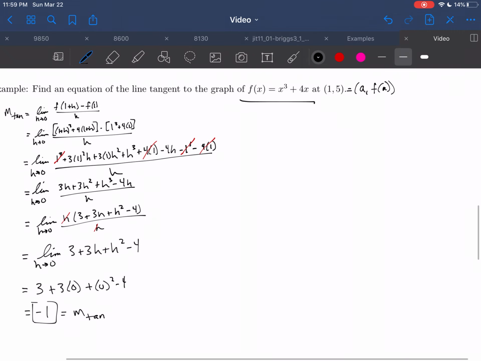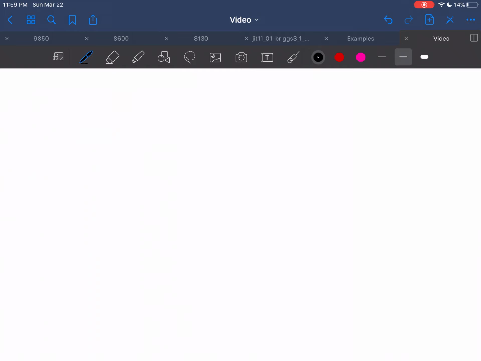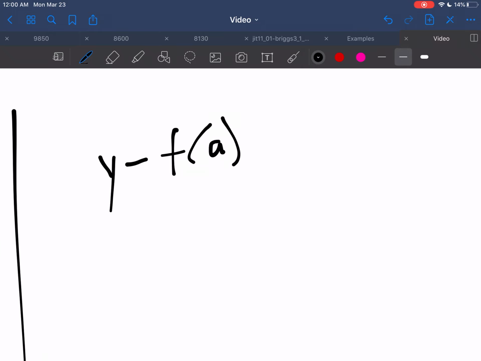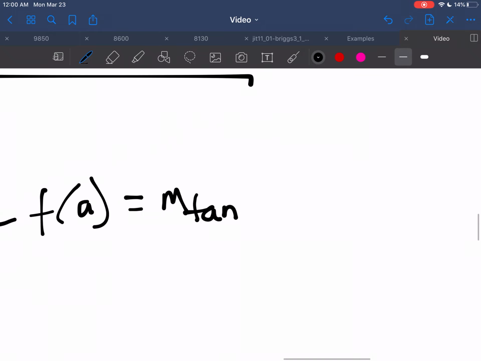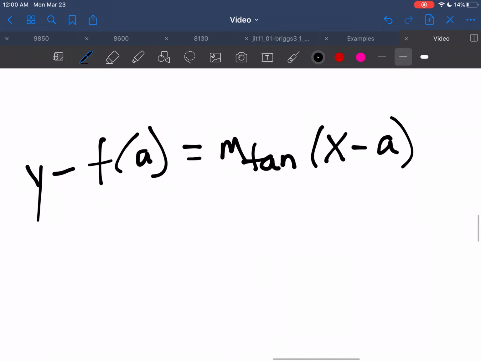Now that I've got that, I can use my same formula to find the equation of my tangent line. So I've got y minus f of a is equal to m tan times x minus a, and I'm looking for when a is 1.